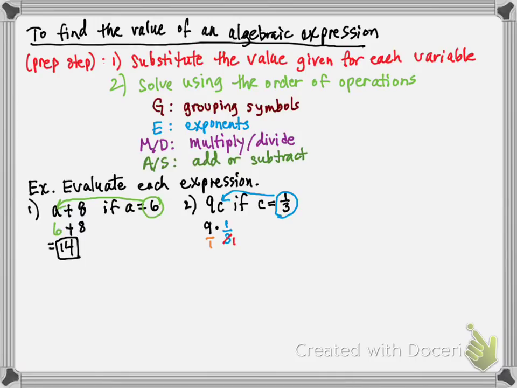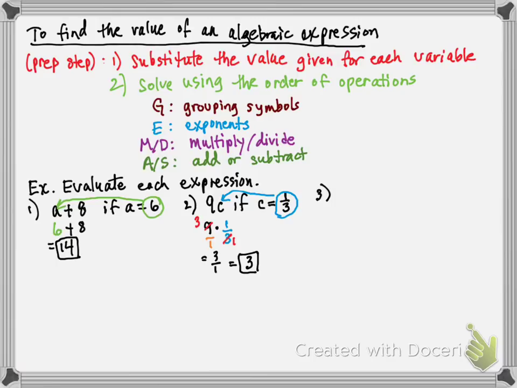So on this diagonal, 3 goes into itself once, and into 9 3 times. So when I multiply straight across, I get 3 times 1 is 3, over 1 times 1, and then I simplify that down. 3 divided by 1 is 3, and there's my answer.